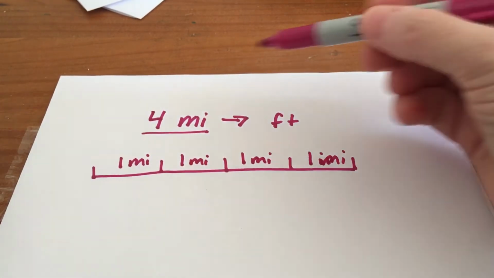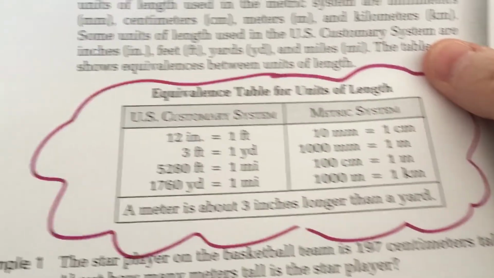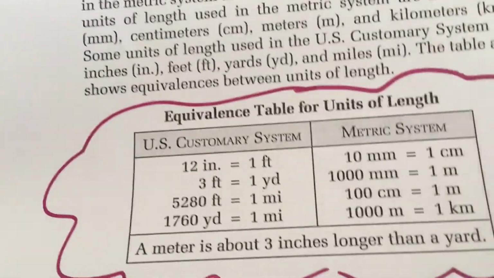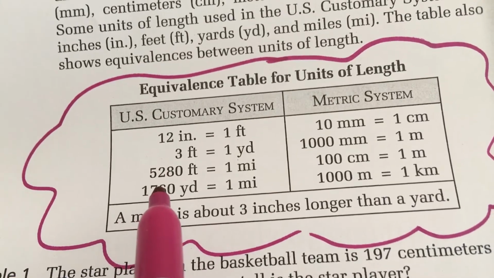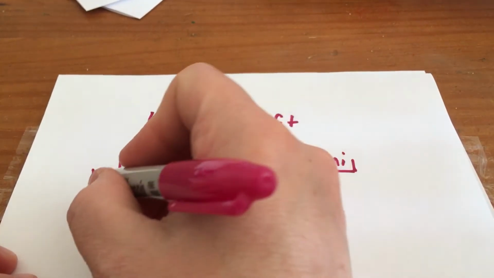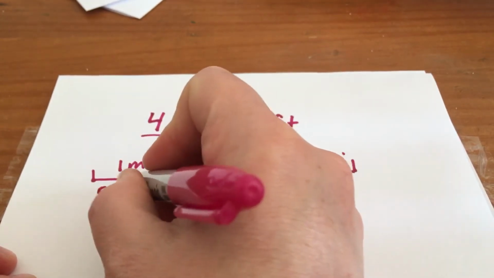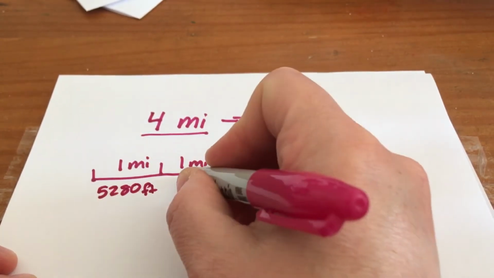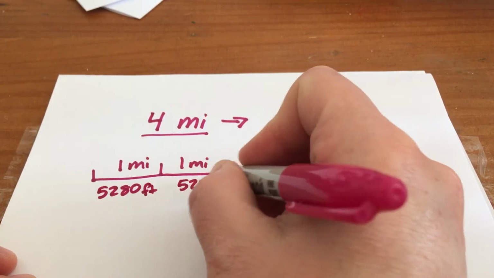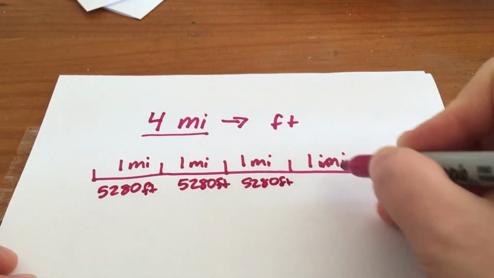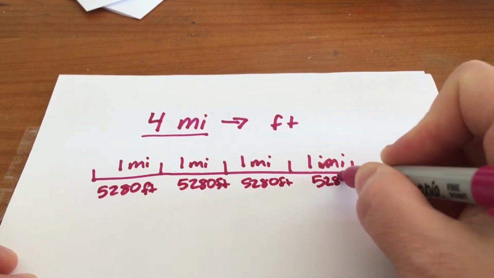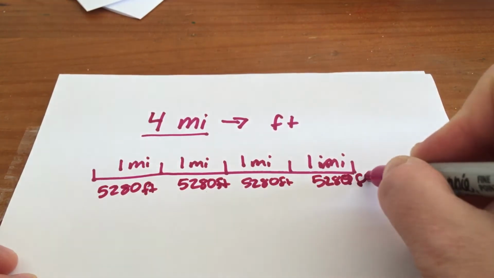We're comparing miles to feet. Where on the chart does it compare miles to feet? Right here. 1 mile is 5,280 feet. So 1 mile is 5,280 feet, in each of the four.